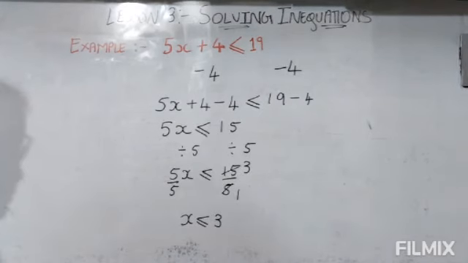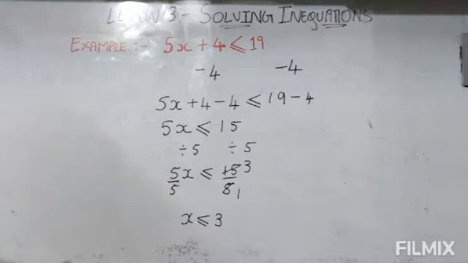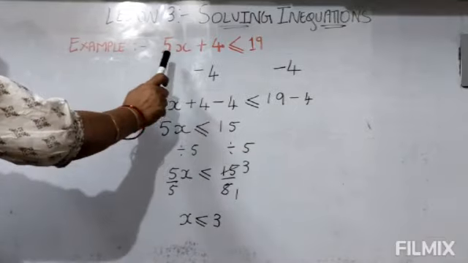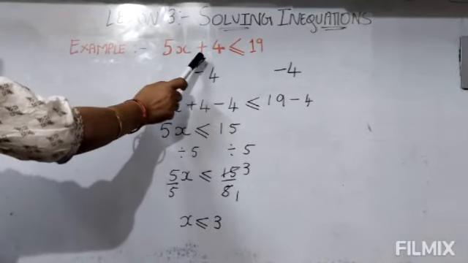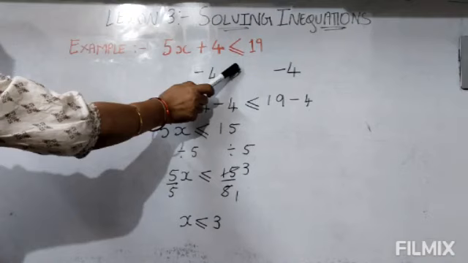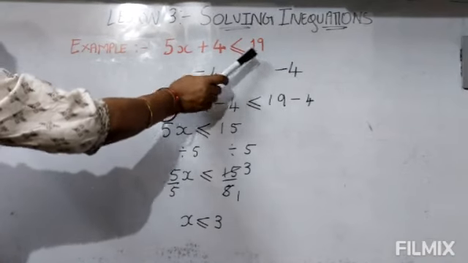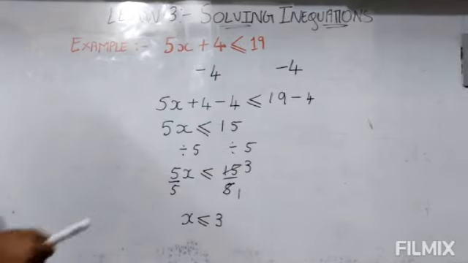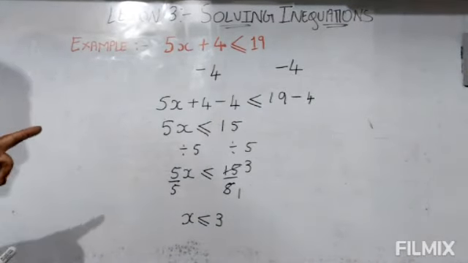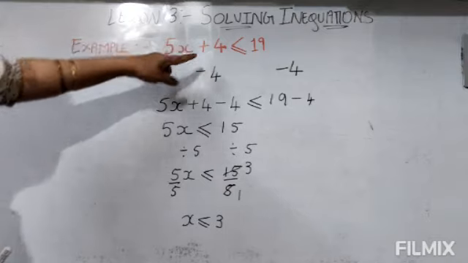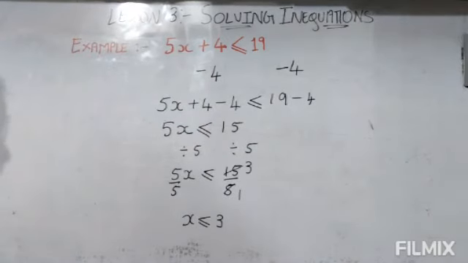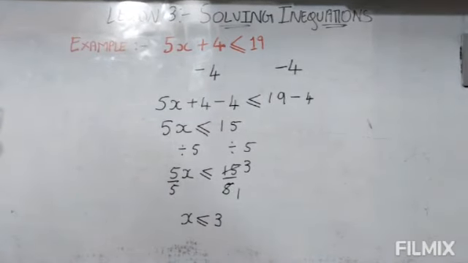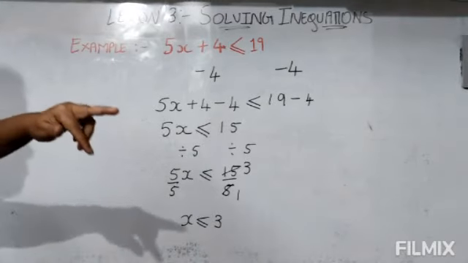So, to do that, how will you solve the problem? If this is the problem, 5x plus 4 is less than or equal to 19, here 4 is a constant, plus 4. So, if there is plus 4, you should take the inverse operation of that, that is minus 4.